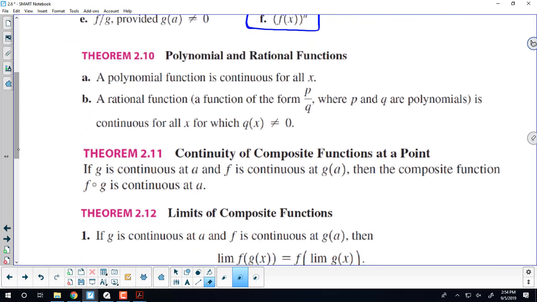Polynomial and rational functions. A polynomial is just continuous everywhere. A rational function, as we've seen, is continuous everywhere its denominator is not 0. And we've seen examples where the denominator does factor out, like x plus 1 over x plus 1 times x minus 1.